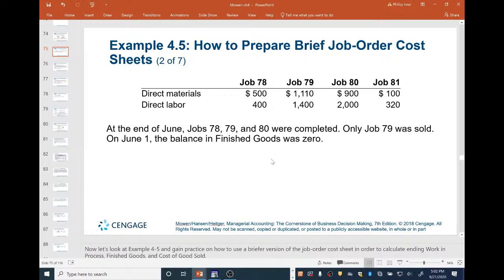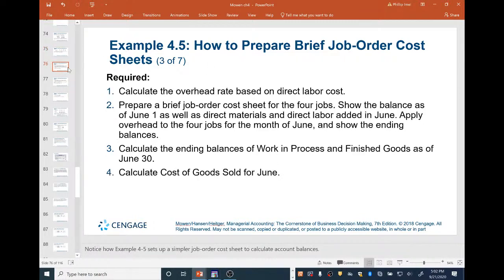It says at the end of June, jobs 78, 79, and 80 were completed, but only job 79 was sold. So on June 1st, the balance in finished goods was 0. So we want to calculate the overhead rate based on direct labor costs, okay?